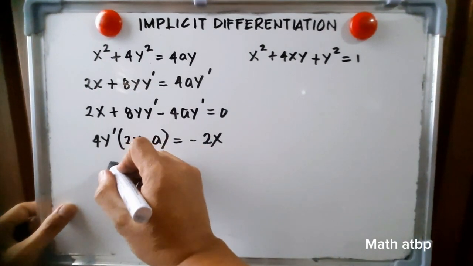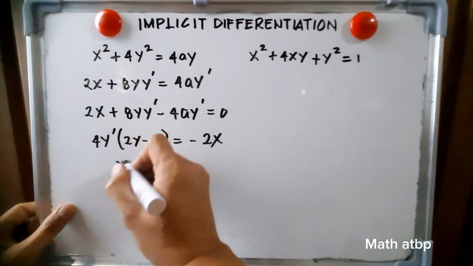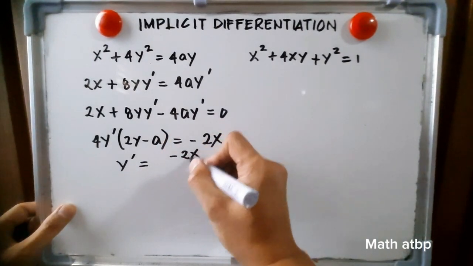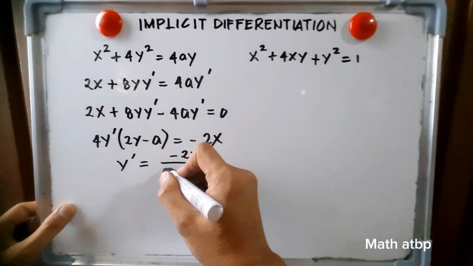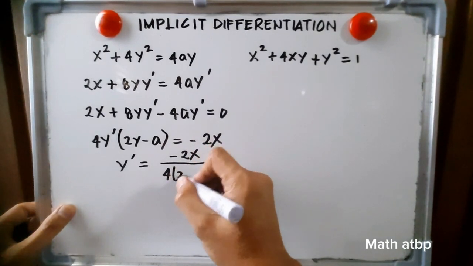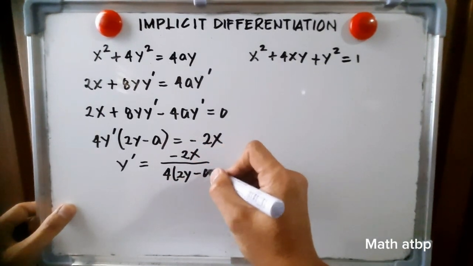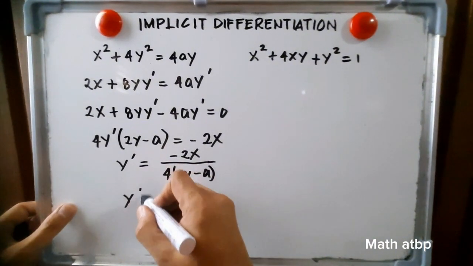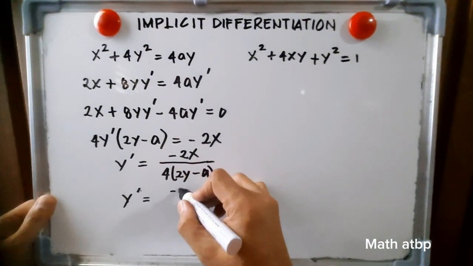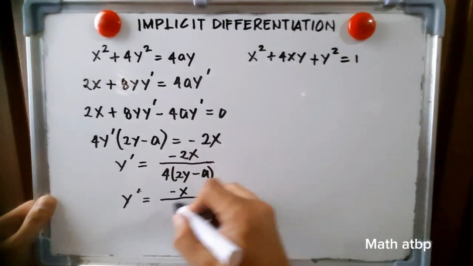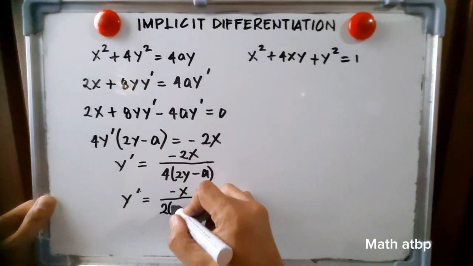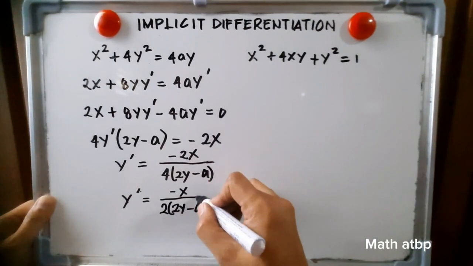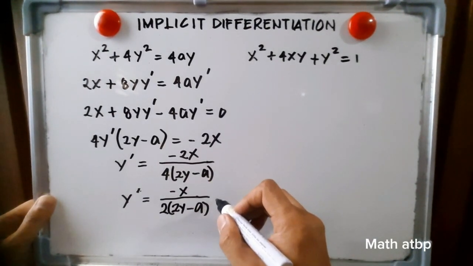Okay. So we have y prime equal to negative 2x divided by 4 times 2y minus a. And y prime is equal to negative x over 2 times 2y minus a. That is y prime.